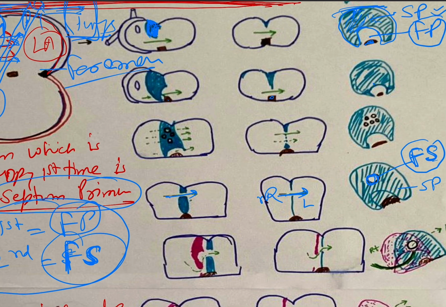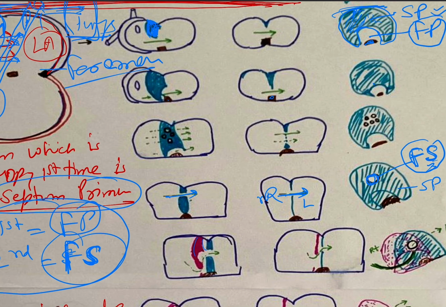After formation of foramen secundum, another septum starts developing. Now this septum is called septum secundum. This septum, pinkish, is known as septum secundum.